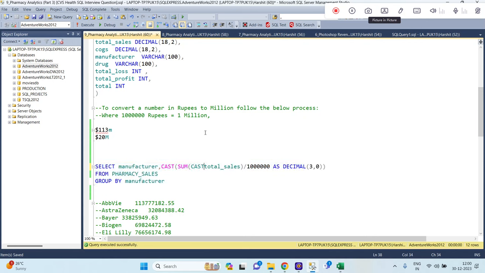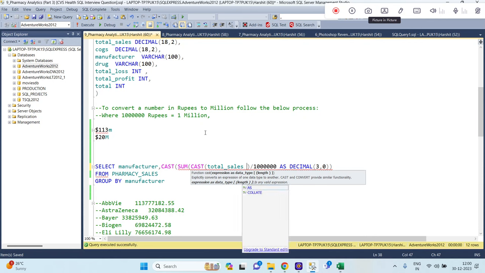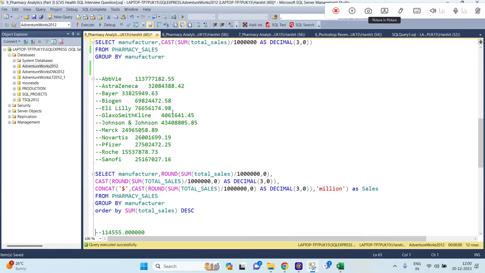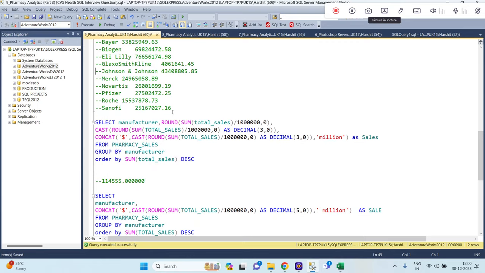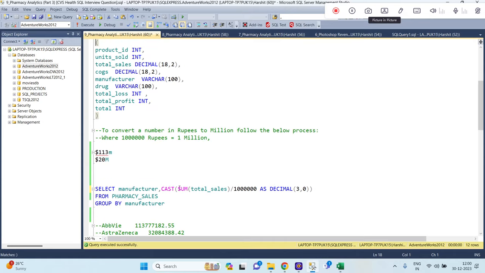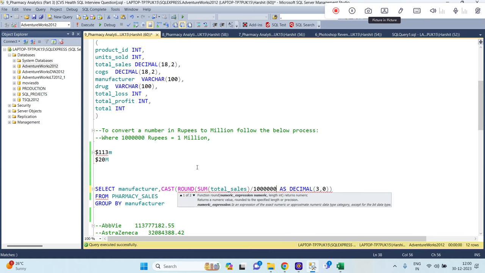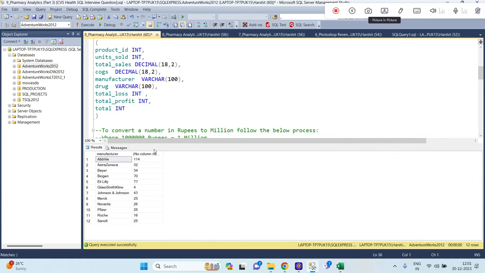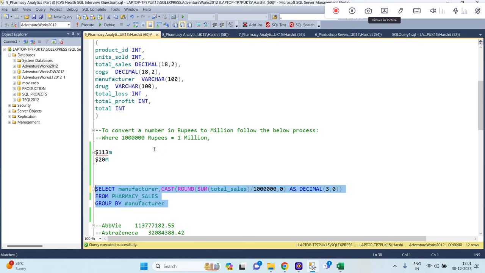Let me try it over here. Cast of this. Okay, over here it is not required. Still it is giving 114. If we require 113, then what can we do?